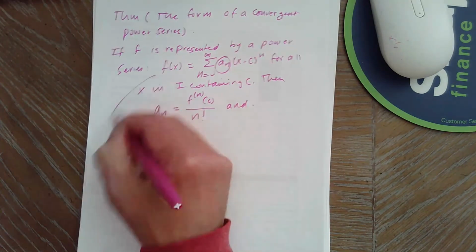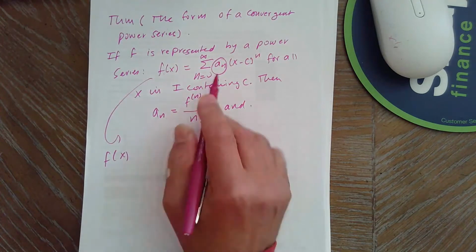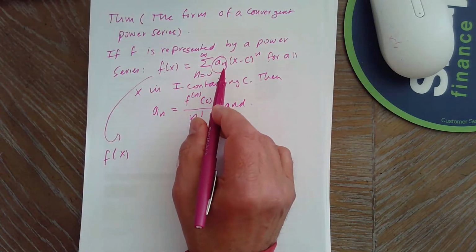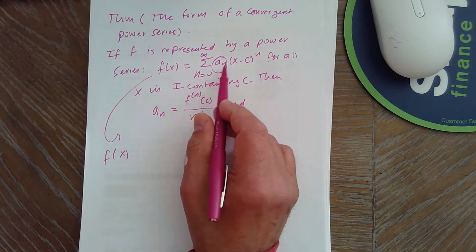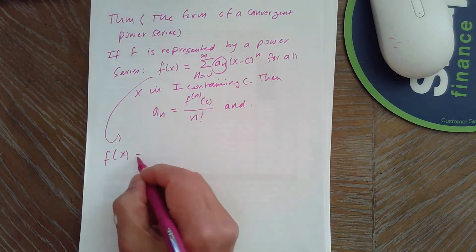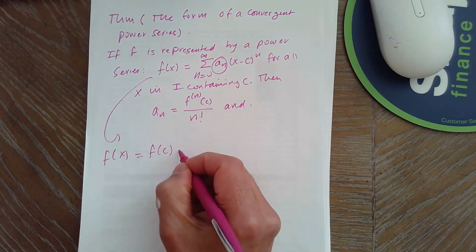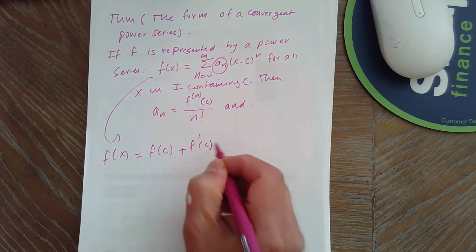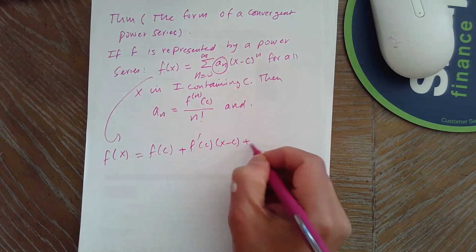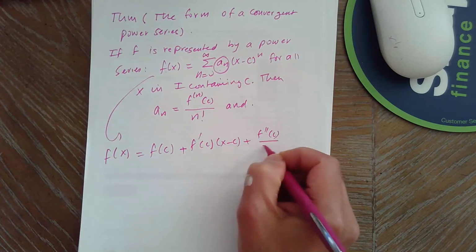And you can write f of x, instead of writing a0, a1, a2, as f of c. a0 is f of c, a1 is f prime of c over 1 factorial, a2 is f double prime of c over 2 factorial.